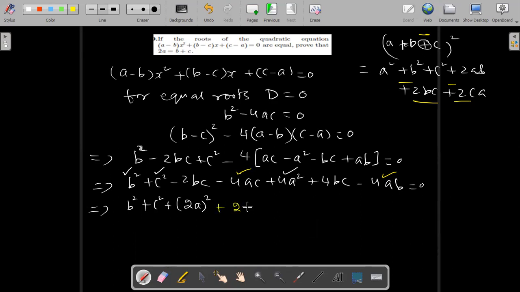So 2ab means b into c... then 2bc means c into 2a... then 2a into b. This is the formula actually. But here, what is the negative term? Which one is the negative term? That you have to check.